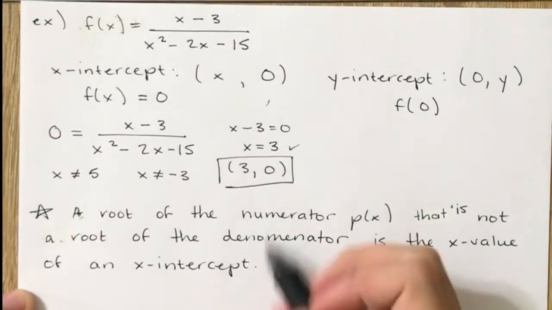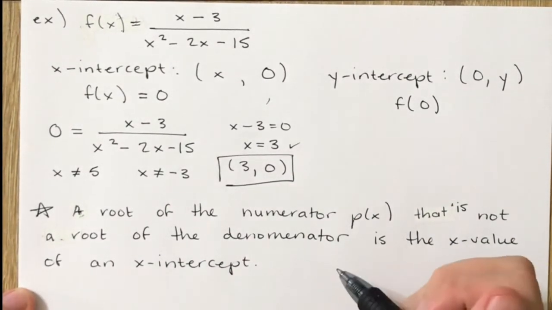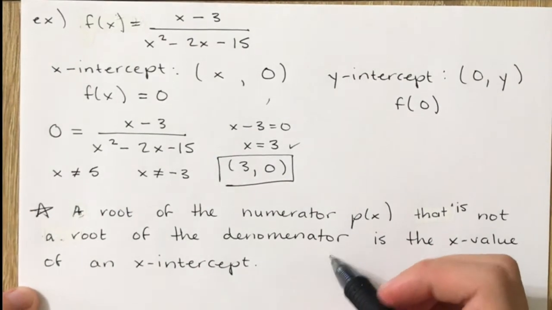Right, and then we know that the y value will, of course, be 0, right? That's how x-intercepts work.